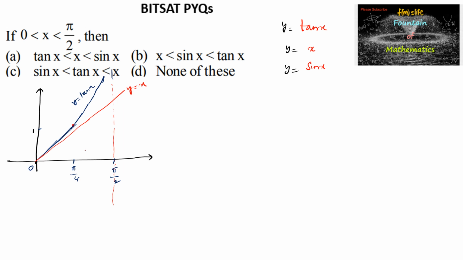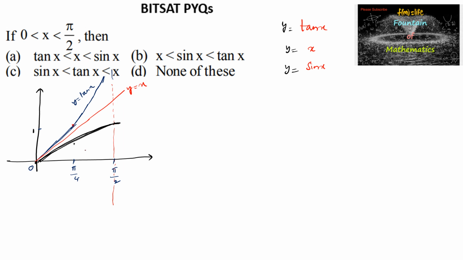Sin 0 is 0, sin pi by 4 is 1 upon root 2, which is some decimal value, and sin pi by 2 value is 1. So this is the graph of sin x in 0 to pi by 2.